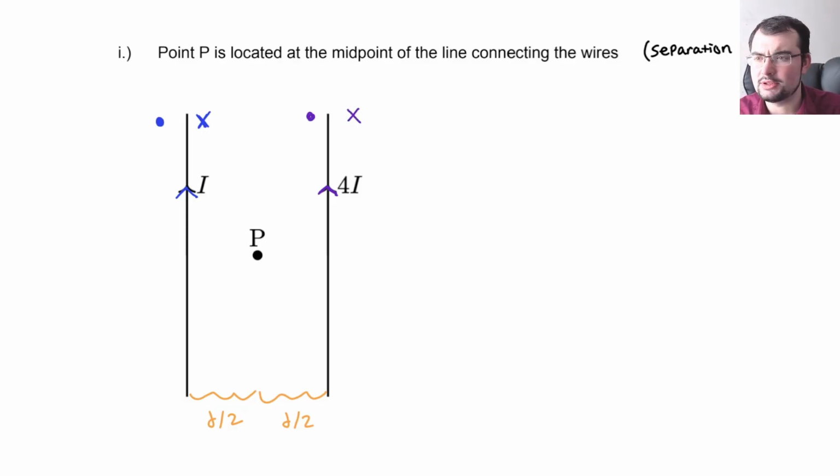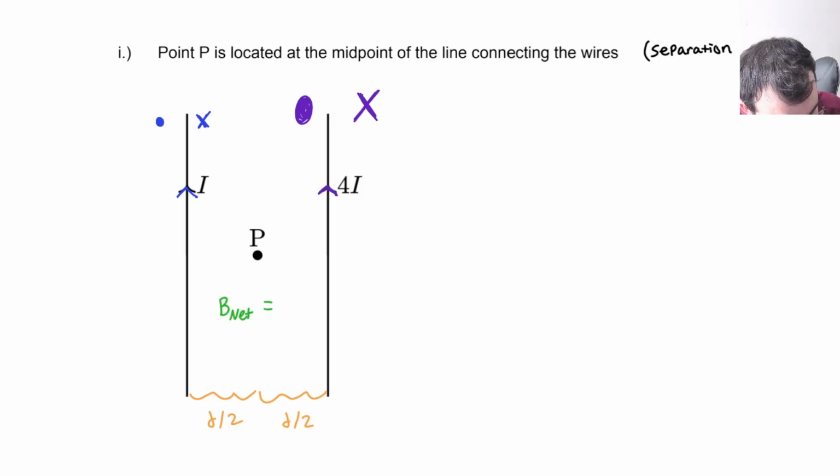But also these fields are not created equal, because the 4i has more current. So just to illustrate this, I might draw a big circle here and a big X here. That tells me my net field at point P: even though the circle and the X cancel, they don't fully cancel, the circle dominates. So I know my net B field is going to be out of the page.